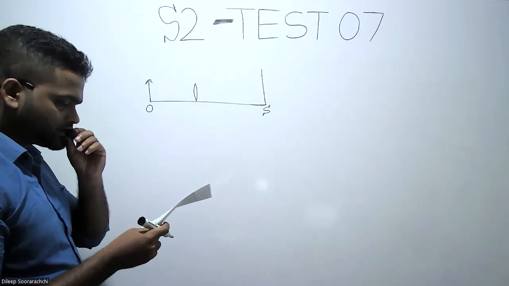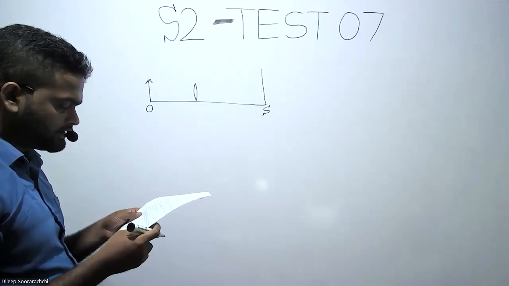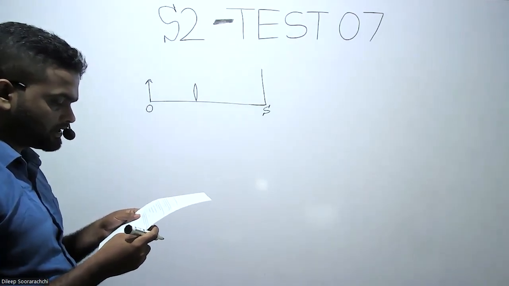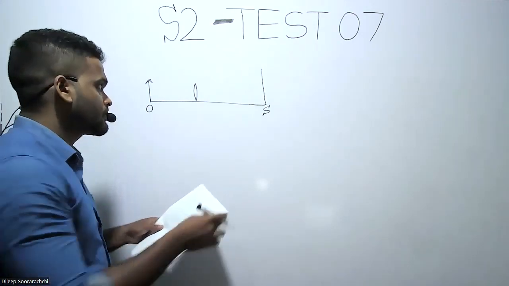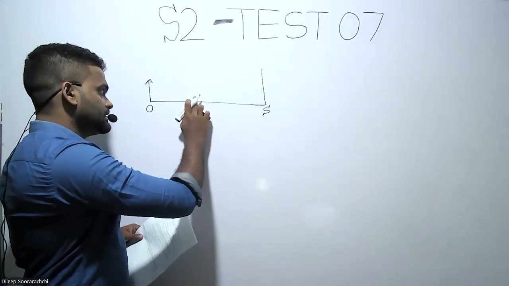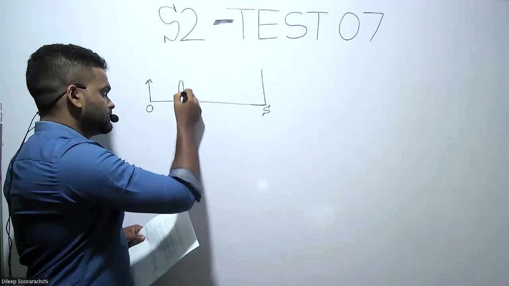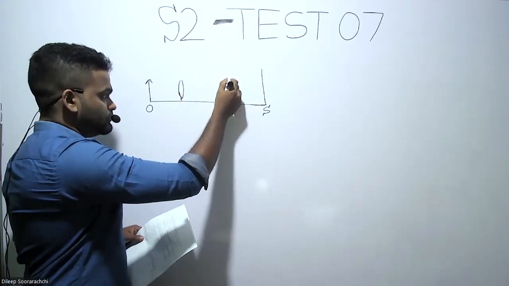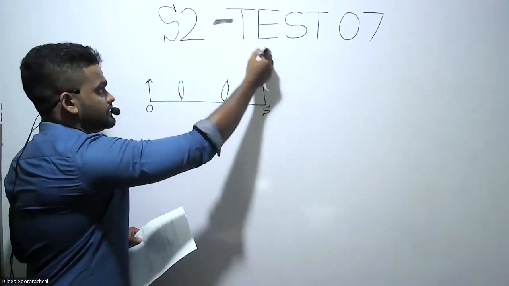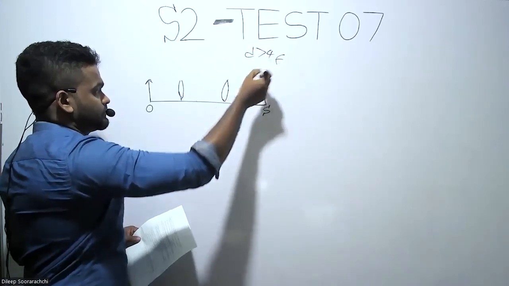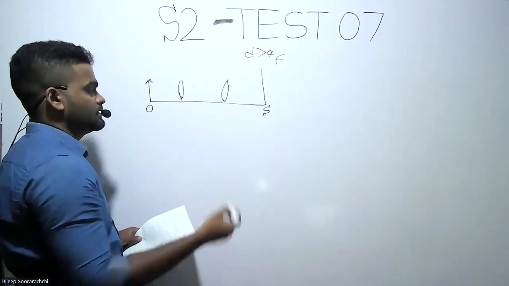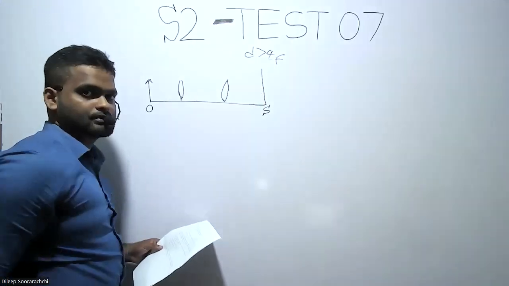At two locations of the convex lens, linear magnifications of the image are m1 and m2. So we earlier learned that there can be two locations, given that D is greater than 4f, for the image to form on the screen.